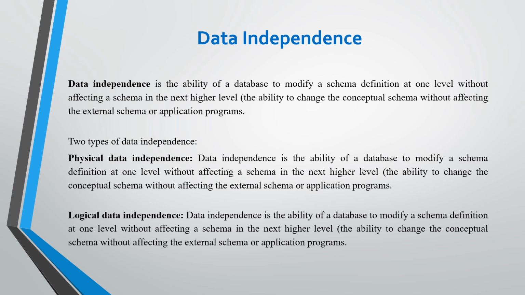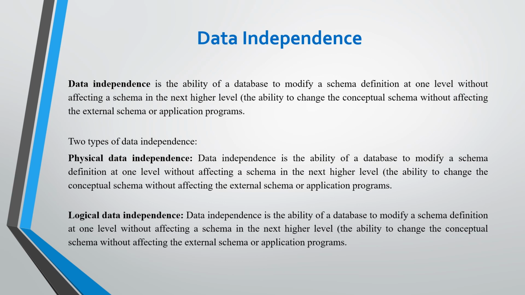Physical data independence is the ability of a database to modify a schema definition at one level, which means the schema definition at the physical level, without affecting the schema definition at the higher level, that is the conceptual level. That is called physical data independence.